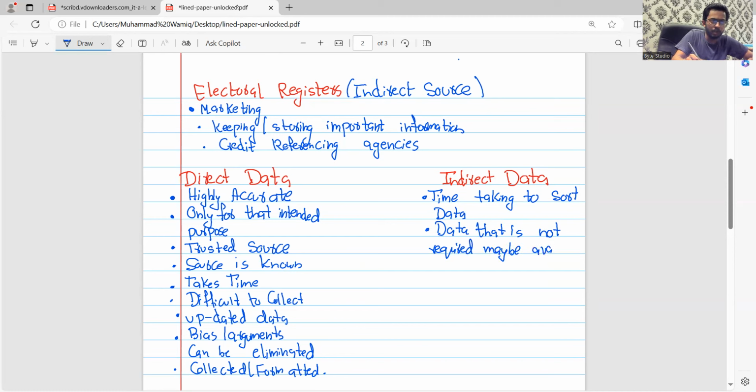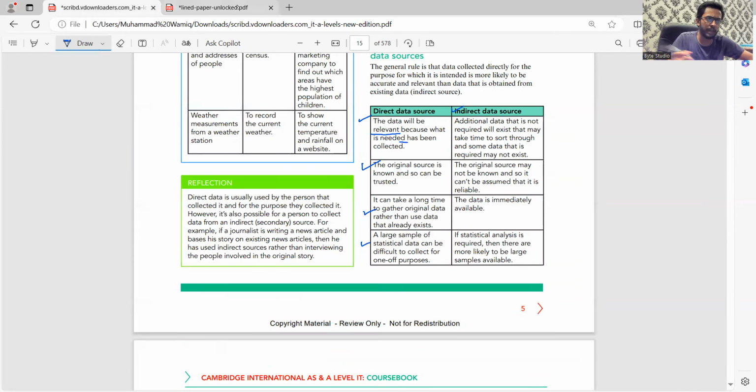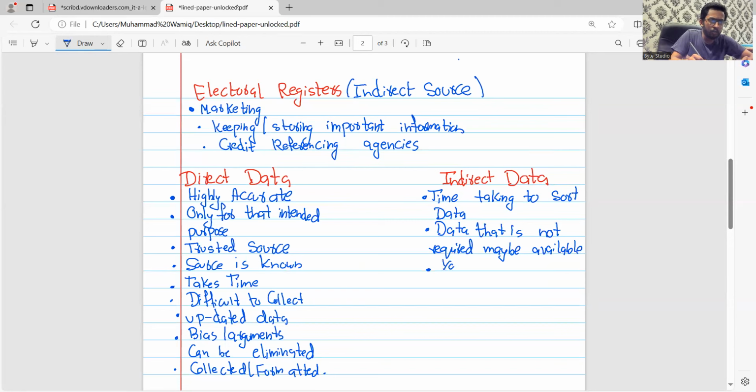Data that is not required may be available, and you might need to cut that data down because you do not need it, and you do not know the original source. If you do not know the original source, that means you cannot trust the data.